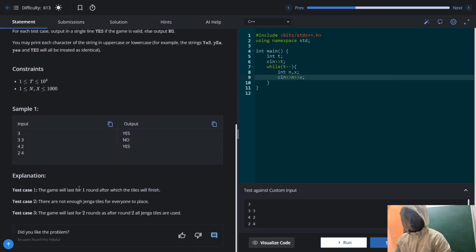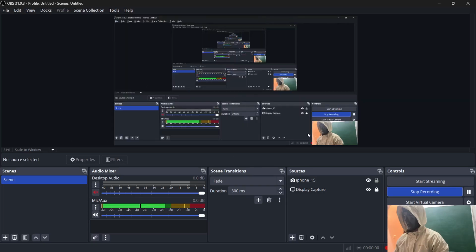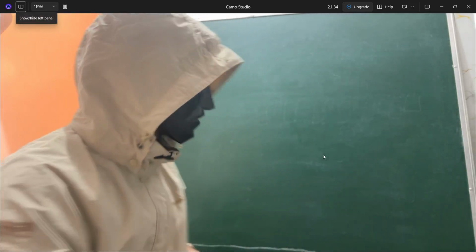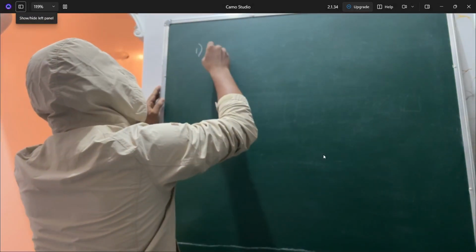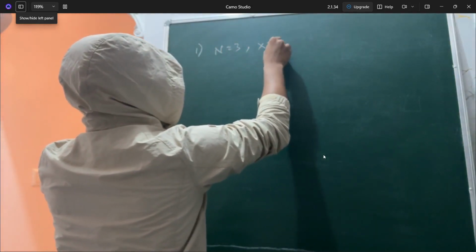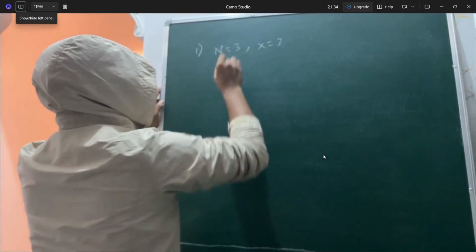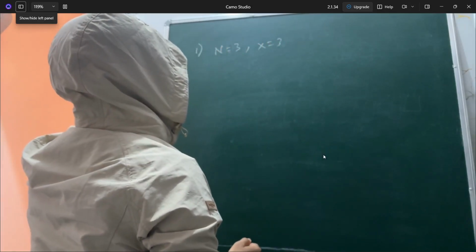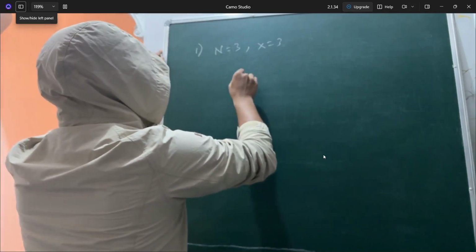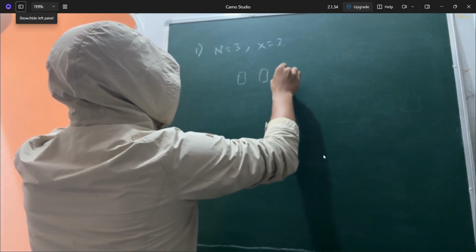So now let's come to the example. They have given three test cases. In the first case, both N and X are 3. So let's understand. N is 3 and X is also 3. So basically what they're saying, there are 3 tiles and there are 3 people.